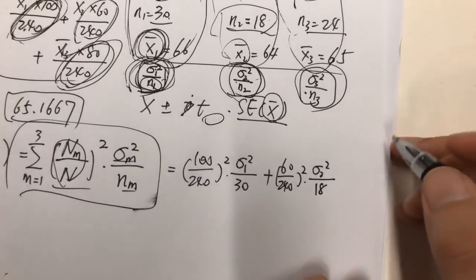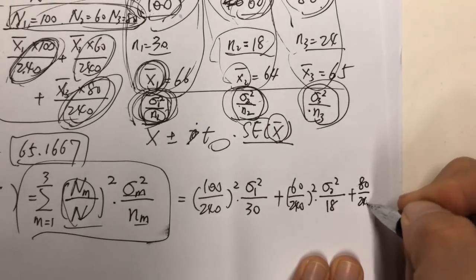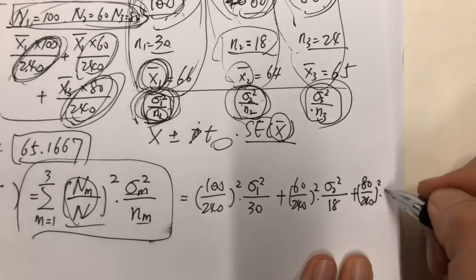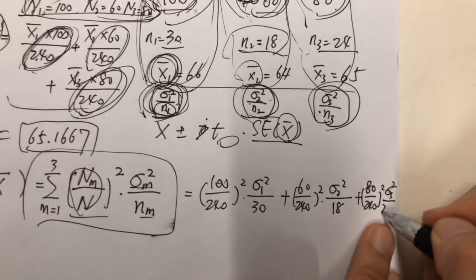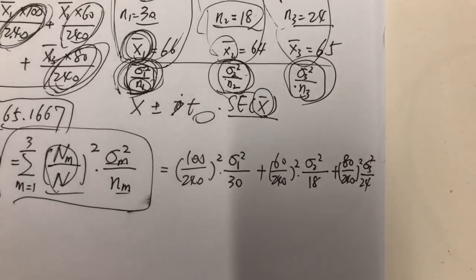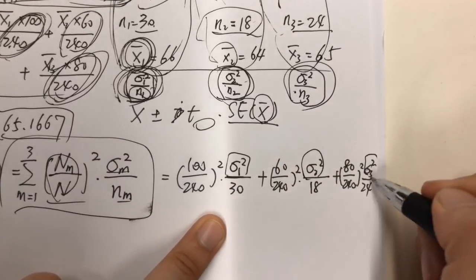Is that right? Plus, the last one, 80 over 240 squared times sigma 3 squared divided by 24. Okay, now the problem is, are those sigmas known or not?